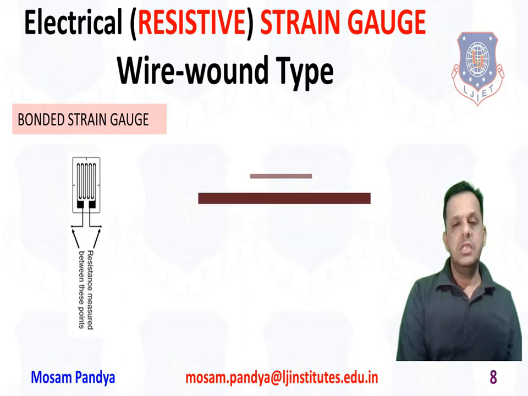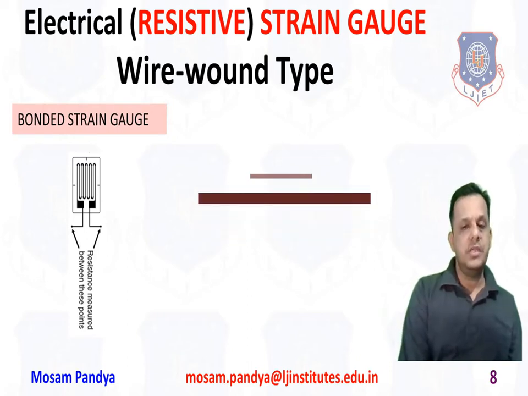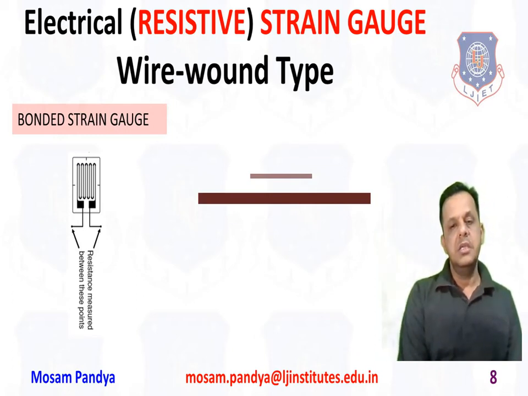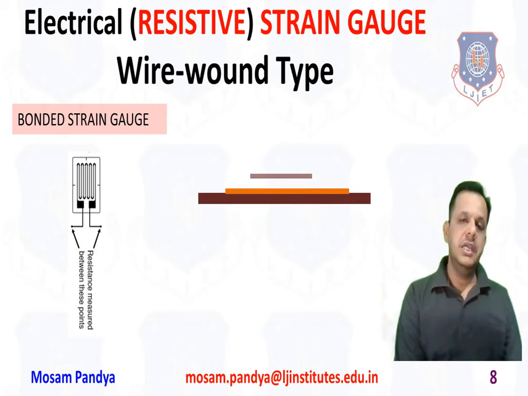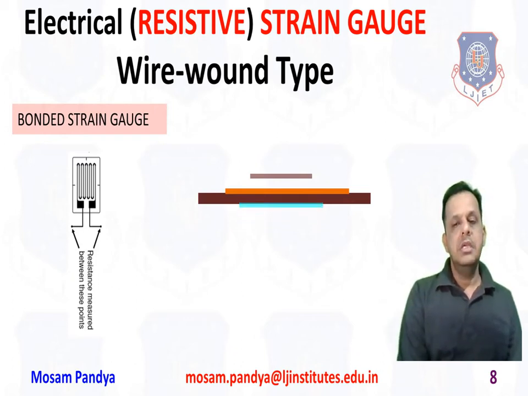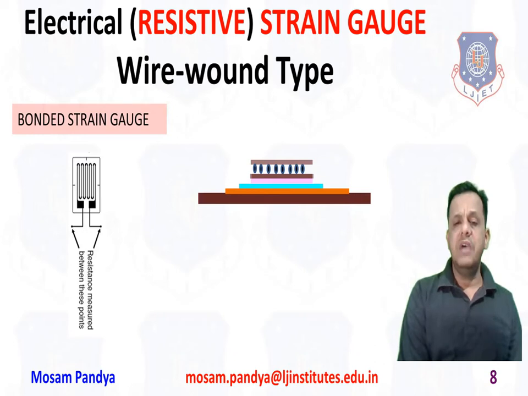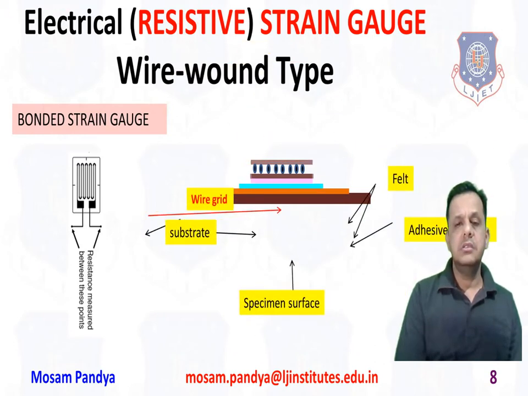So this is the platform or surface on which we will be putting our strain gauge. Then this is another layer, the cement adhesive. Then another platform, and this is the grid, the wire grid. So let us see what these layers are.